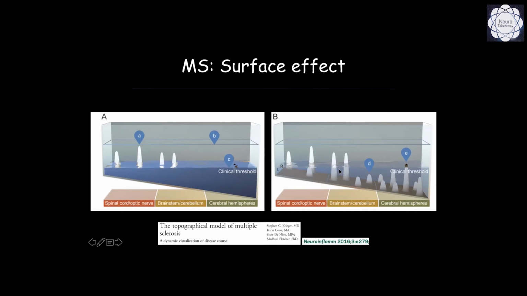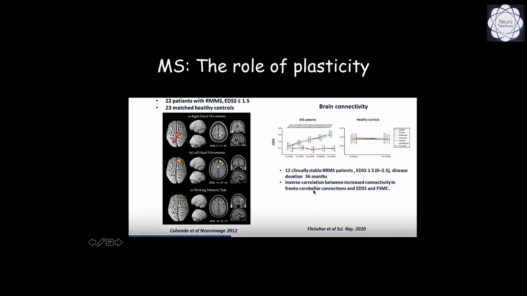And what can make this water level go down? Well, the most important concept is aging. With aging, the patients tend to lower the capacity of compensation, but there is also the possibility of other systemic processes that can complicate this evolution.